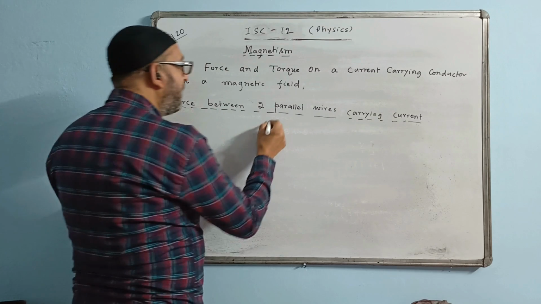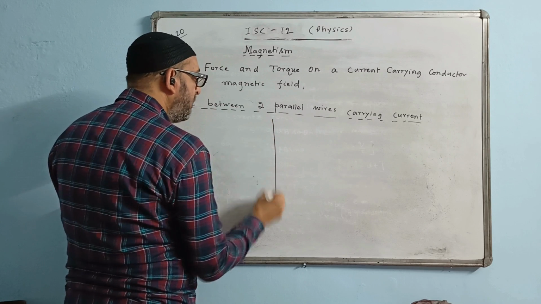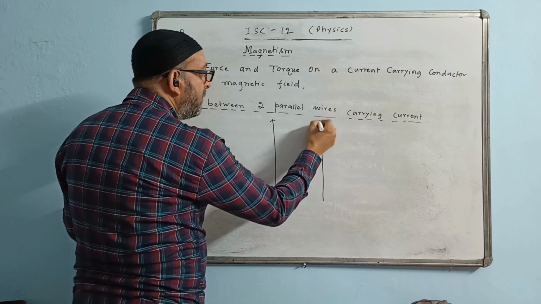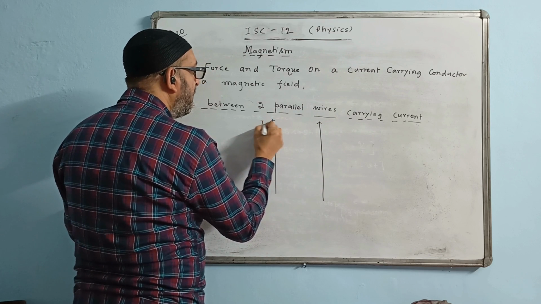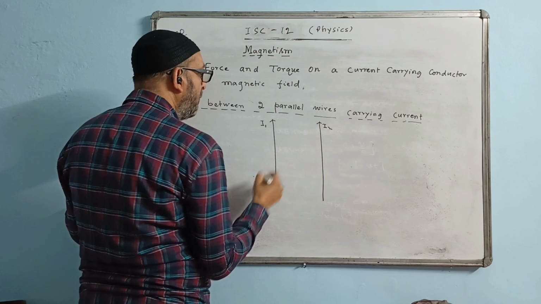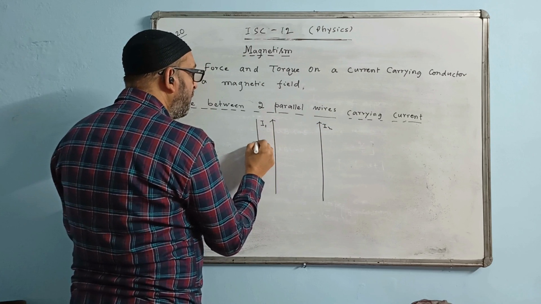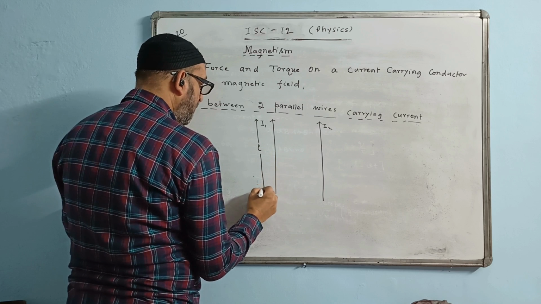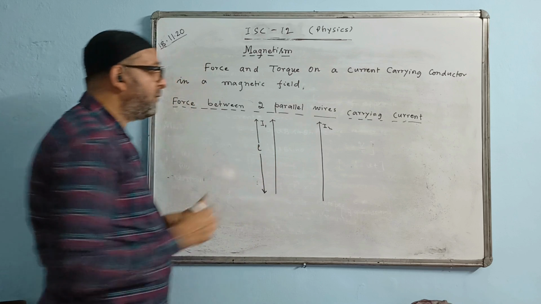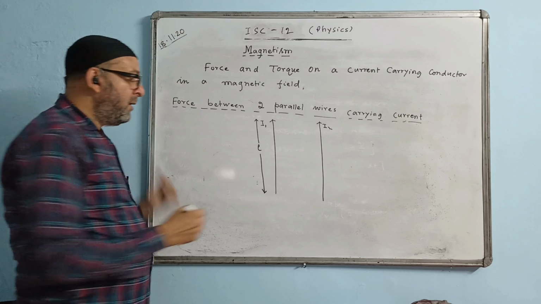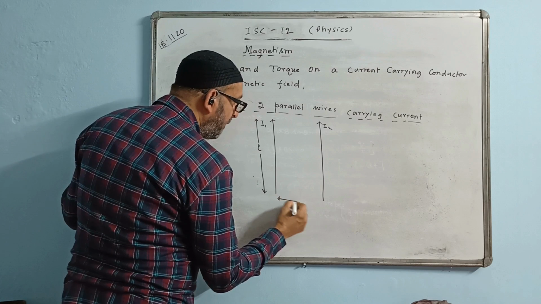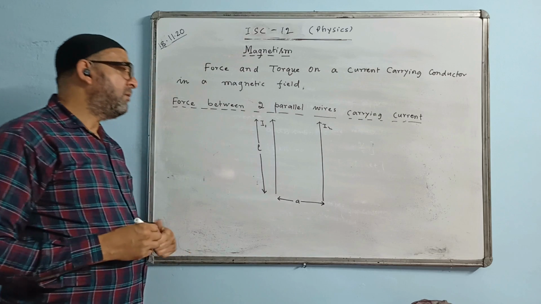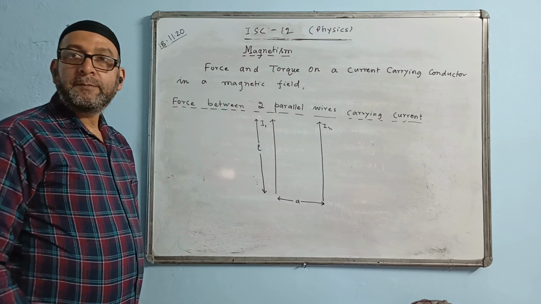For this, we draw two parallel wires. One straight wire is here, another wire is here. The currents are I1 here and I2 here. Length of each wire is L. And the distance between the wires is a.